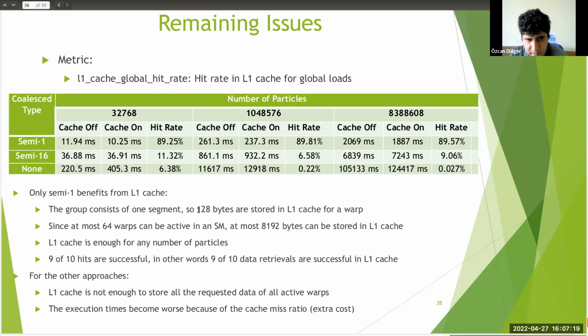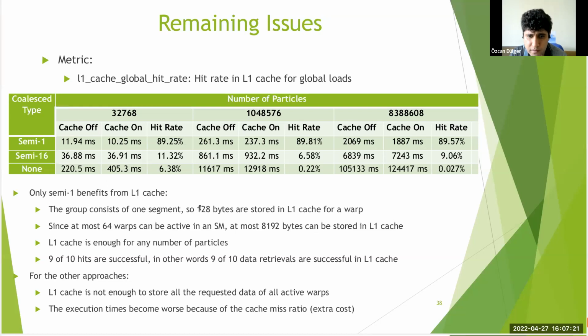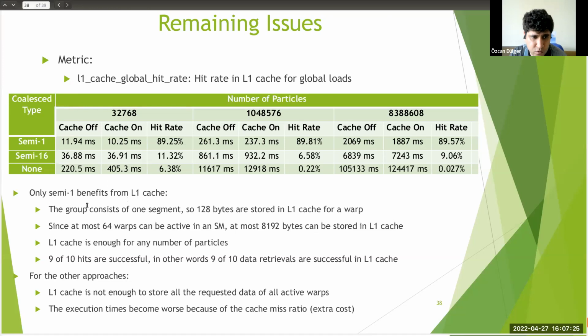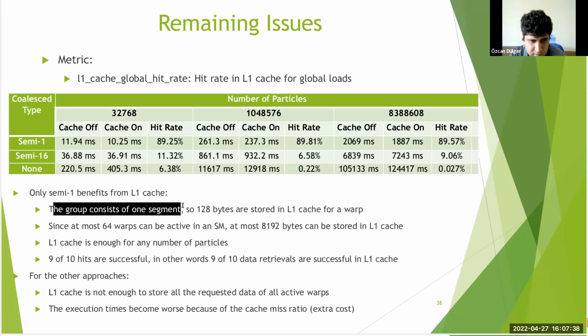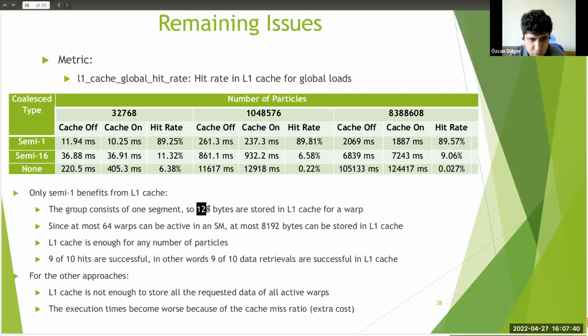I would like to repeat this again because it is important. Since the group consists of one segment, that means 128 bytes. So a warp accesses one segment, so 128 bytes will be stored in L1 cache for a warp.